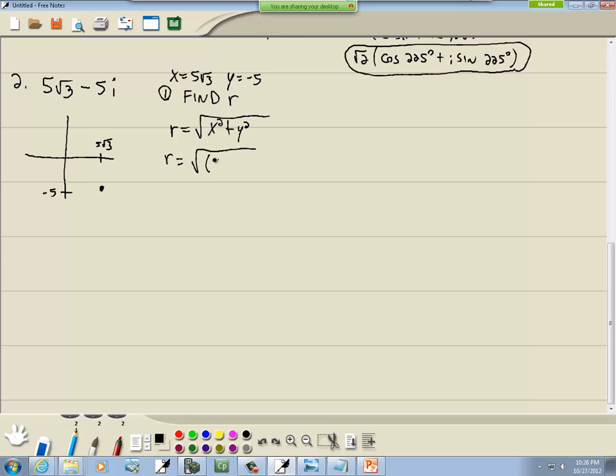So we got 5 square root of 3 squared plus negative 5 squared. When we square this, we square the 5, which gives us 25, and we square the square root, which gives us 3, plus negative 5 squared, which gives us 25. 25 times 3 is 75, plus 25 is 100, and the square root of 100 is 10.